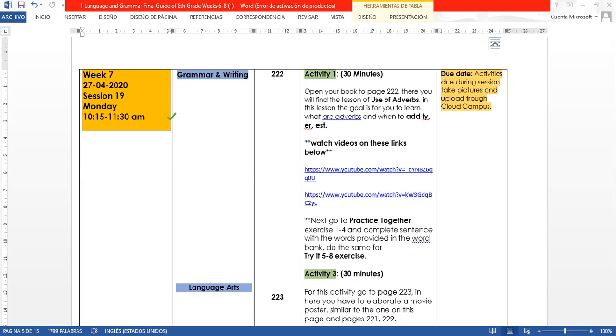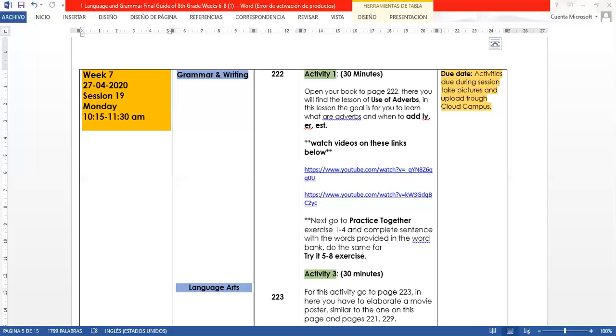As we see here, an adverb describes a verb. We all know what verbs are, right? That is how we use an adverb, specifically to describe a verb.